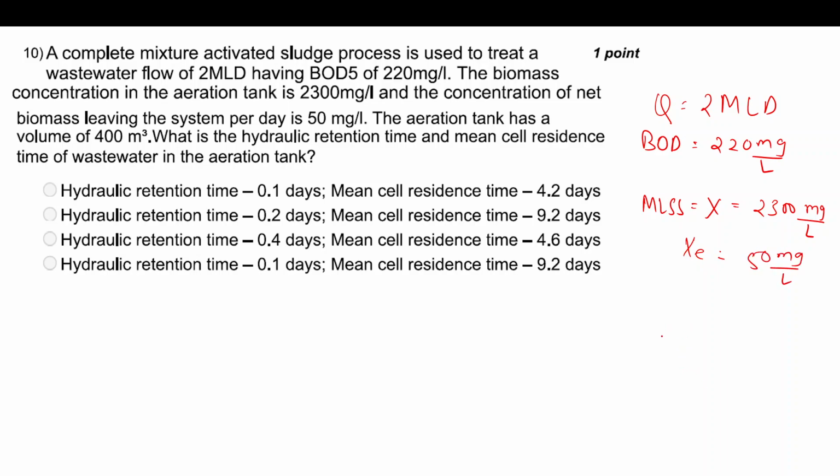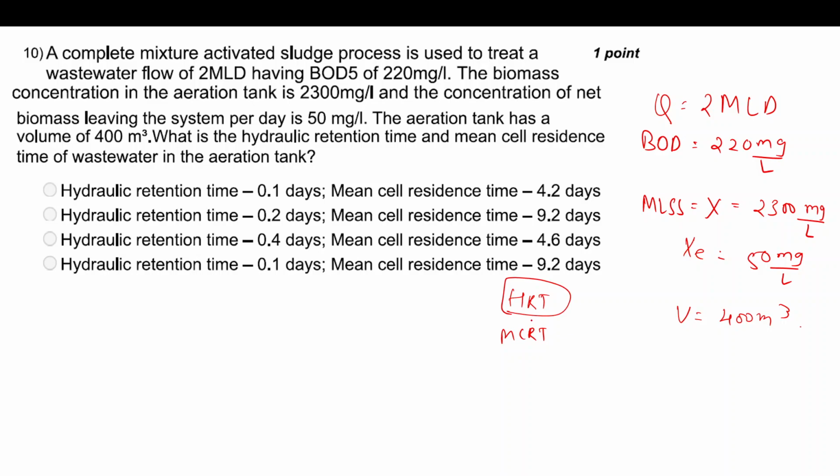The aeration tank has a volume V equals 400 meter cube. What is the hydraulic retention time and mean cell residence time of wastewater in the aeration tank? So here you need to find first HRT and mean cell residence time.